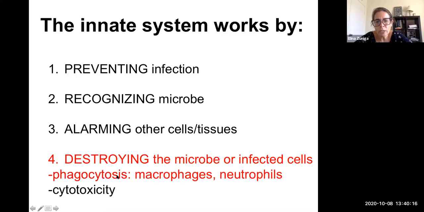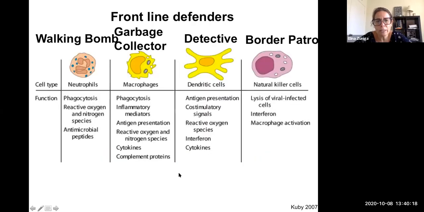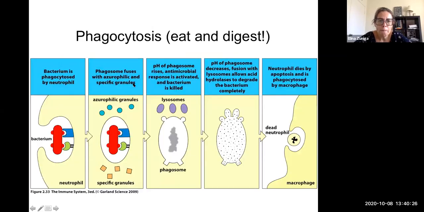So the phagocytosis we already talked about is mediated by neutrophils and macrophages, which are professional phagocytic cells. And just as a review here, the neutrophils have 2 types of granules, the azurophilic granules and the specific granules.